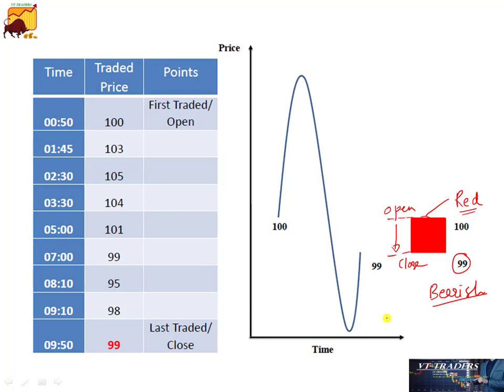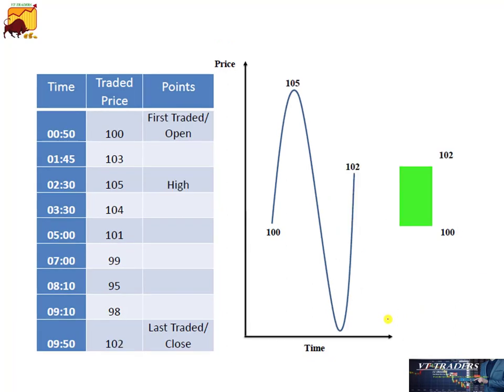Now once again we will see how the price is changing. Open price is 100, then out of all the trade prices, 105 is the high price. So this is the high, 105.